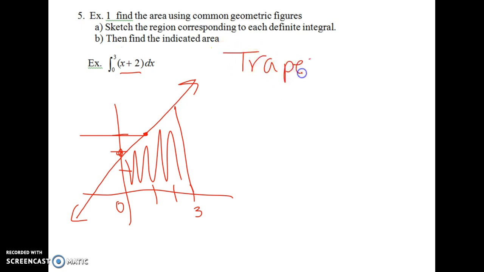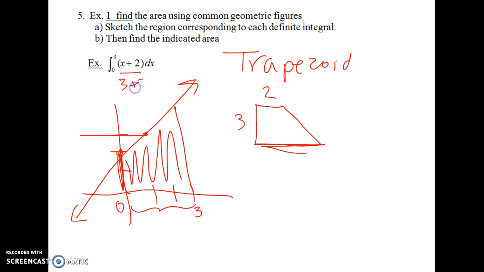It's a trapezoid on its side, though. So if I turn it around, the 3 units would really be here, and we have that shape. So this is the 3 on the x-axis. This distance here is 2 units. We can figure out this distance also, it's the function value at 3, right? So plug 3 into the equation, 3 plus 2, that'll be 5 units.